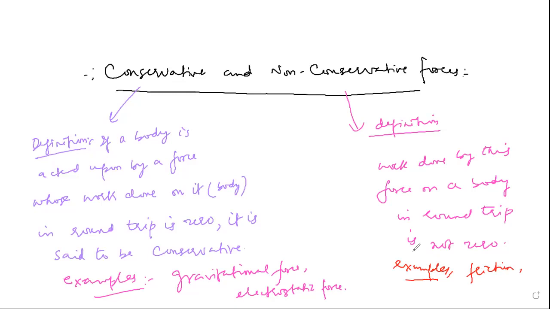So what's a round trip? A round trip is when a body starts at point A, moves to some other point B, and comes back to A. This is called a round trip. That means in a round trip, the initial position, x initial, is the same as the final position, x final.